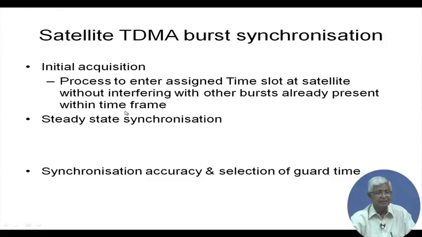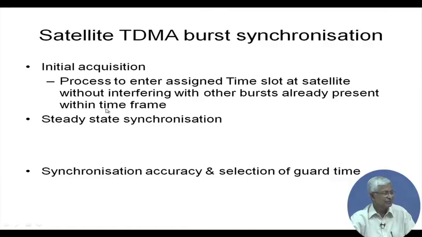You can imagine that, let us say there are 10 stations operating in a TDMA mode. Each of them has been given some specific time slots for transmission of their burst, and station number 7 was not on, and it is joining the network. So, all 9 stations are working with their slots allotted and they are transmitting, and station number 7 is joining.